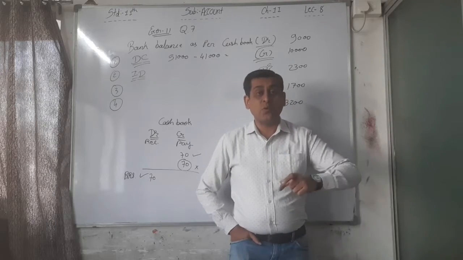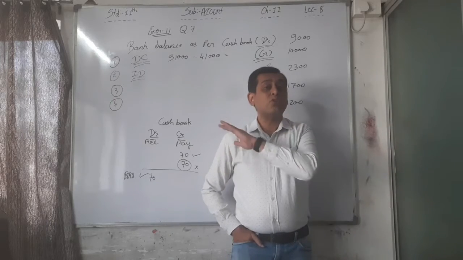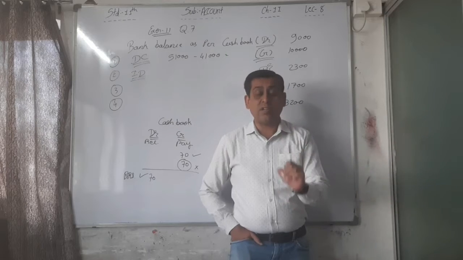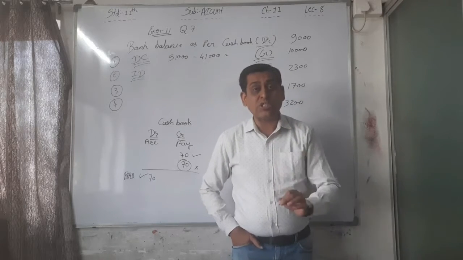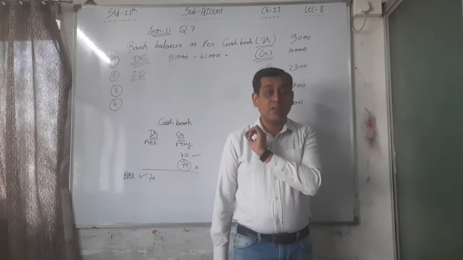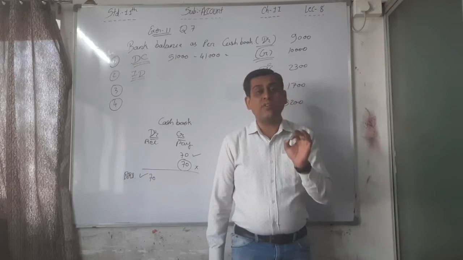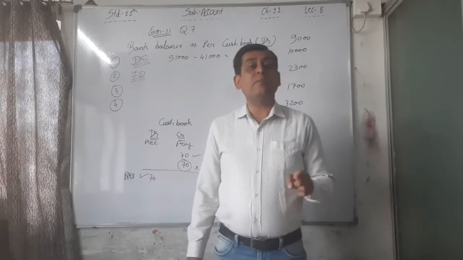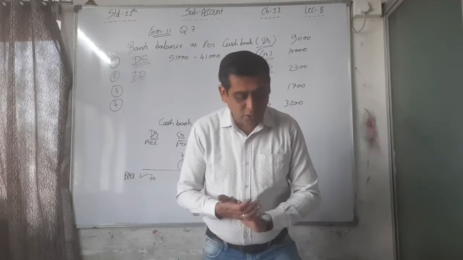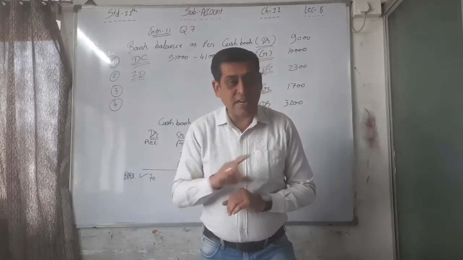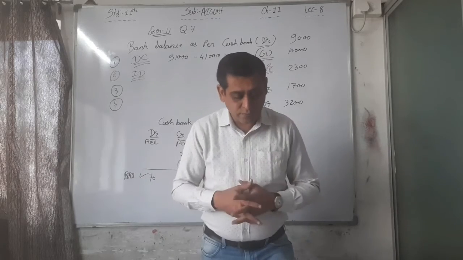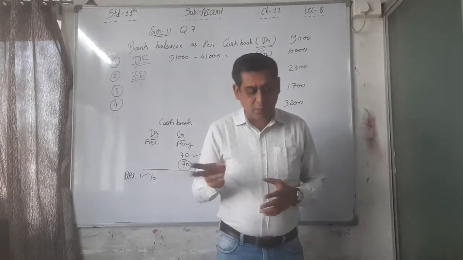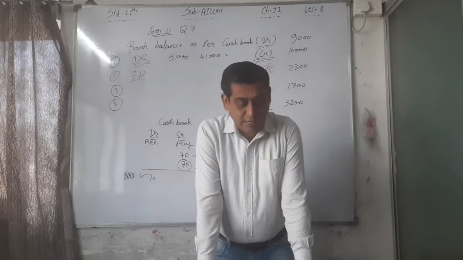Not recorded in cash book, not recorded in passbook. So nullify the transaction. That's why don't record these transactions in BRS, dash. These transactions are not recorded at all. So 8th point, dash, no credit, no debit, no amount, because it is not recorded on both sides.